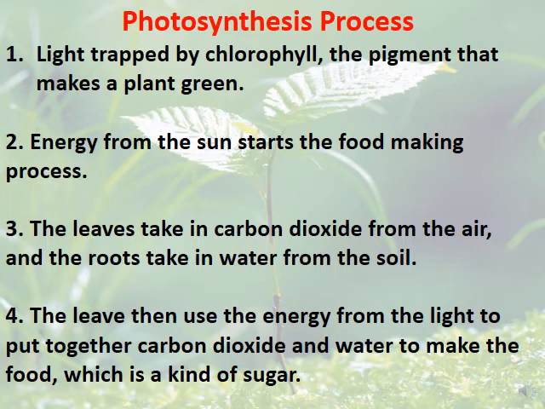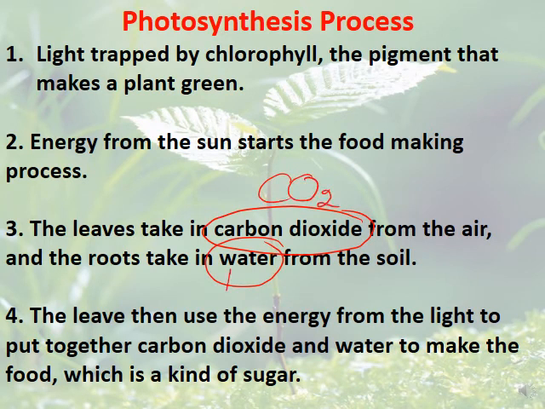So we have carbon dioxide and water, CO2 and H2O, as reactants in this reaction. The leaf then uses the energy from the light to put together carbon dioxide and water.